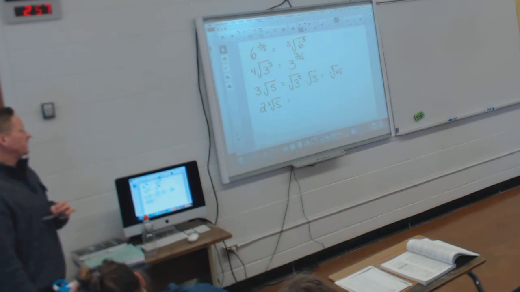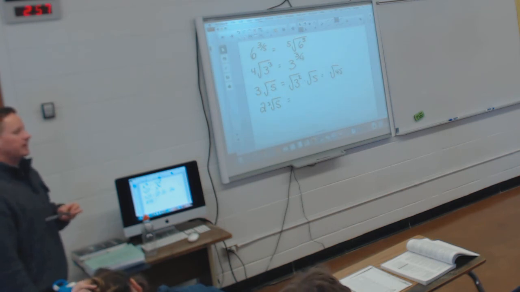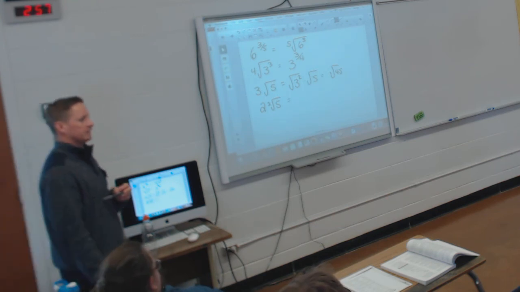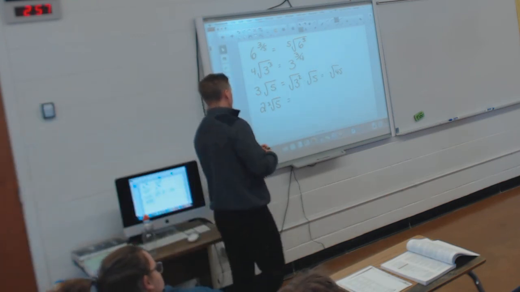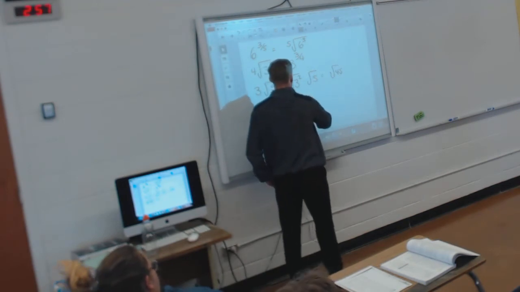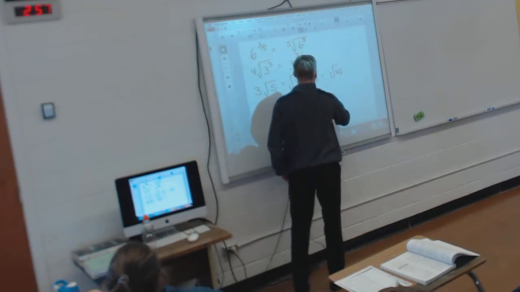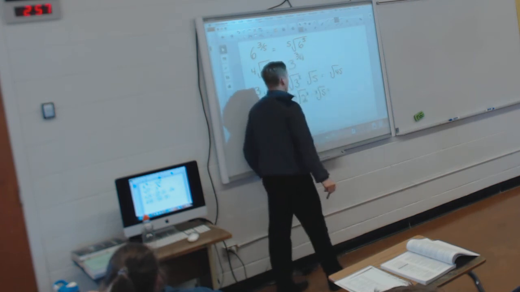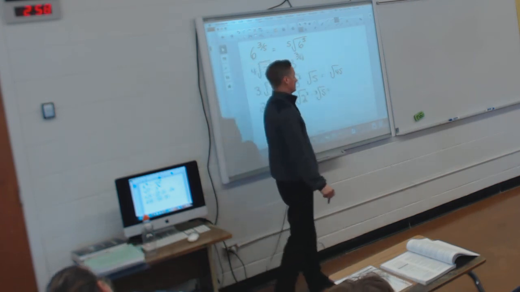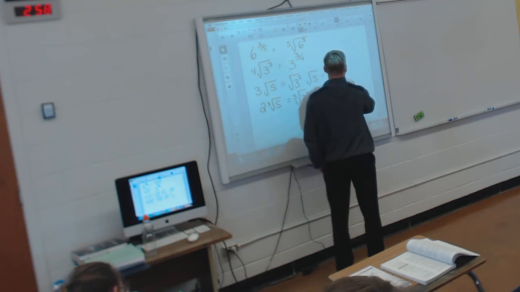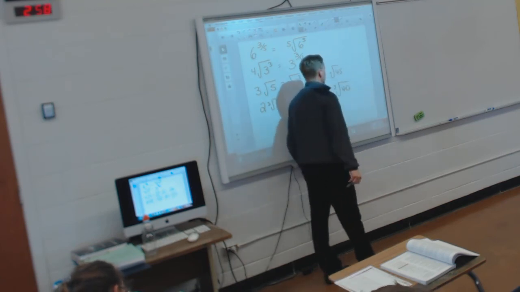What's the difference between the two? In the top one you did what? Squaring it, and the second one on the bottom you did cubing it. Agreed? So this should be cube root of 2 cubed times cube root of 5. What's 2 cubed? 8. Cube root of 40.